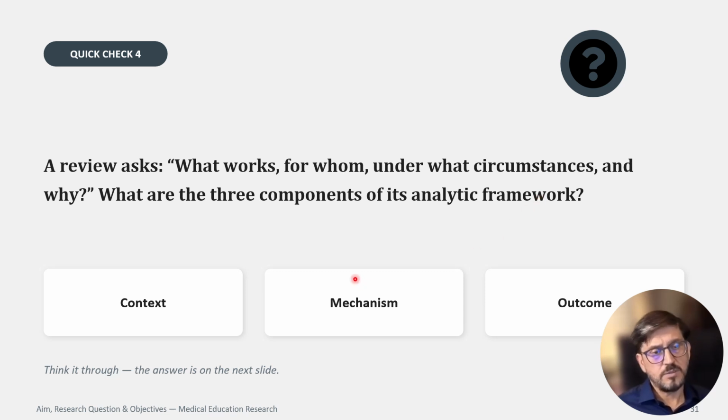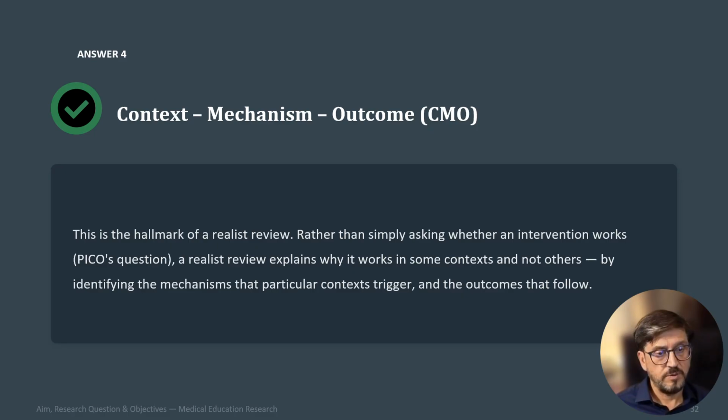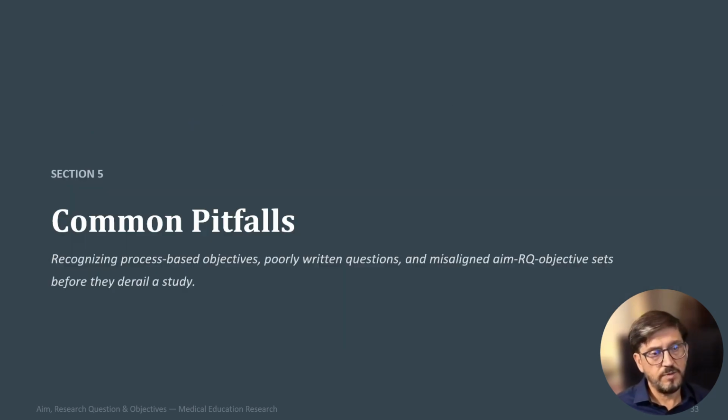And this is another framework which I did not share with you in the beginning, in which we talk about mechanism as well. So this is the CMO framework used for realist reviews. The context, mechanism, and outcome. This is the hallmark of a realist review, as I said earlier.